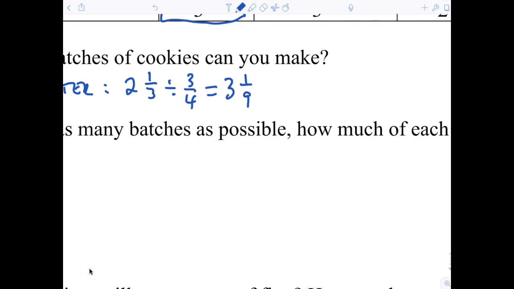So you type in 2 1/3 over 2 1/3, divided by 7 3/4.